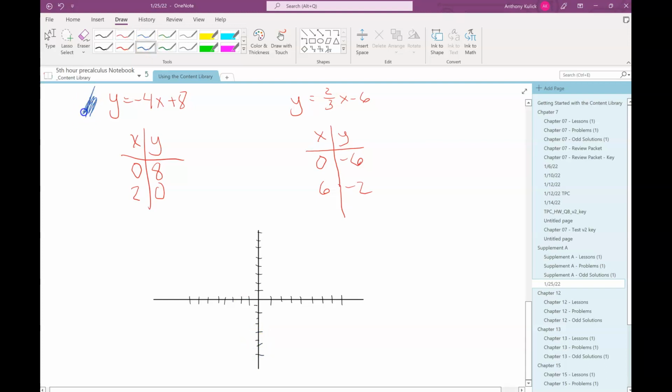So I'm going to just graph the first equation in blue and the second one in green. So I have 0, 8, and then 2, 0. And then my other one, I have 0, -6, and then 6, -2.